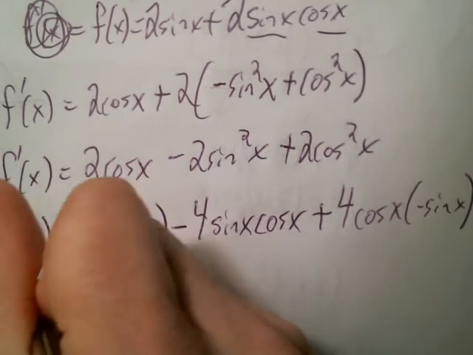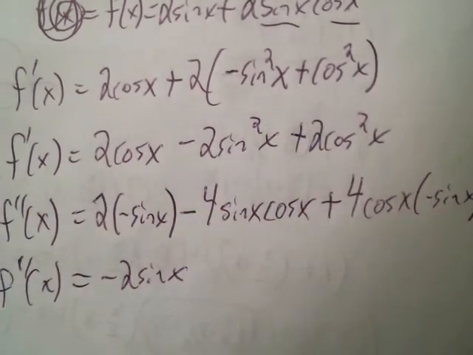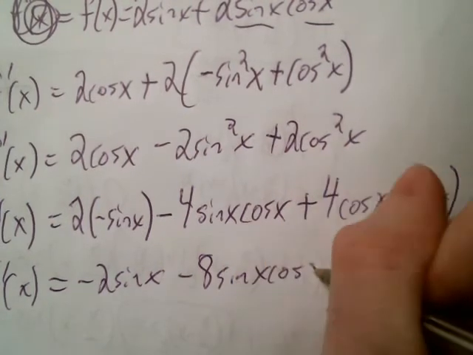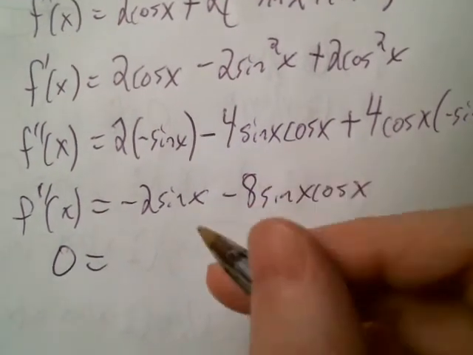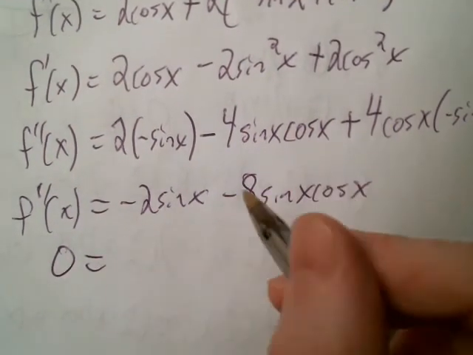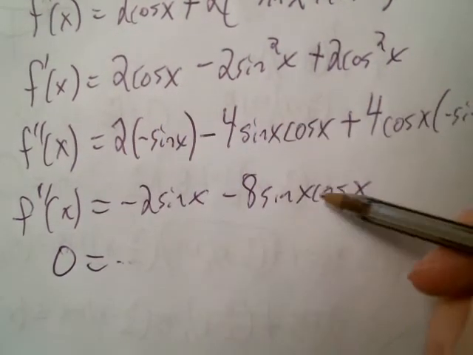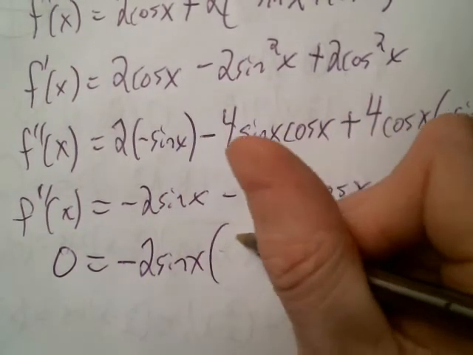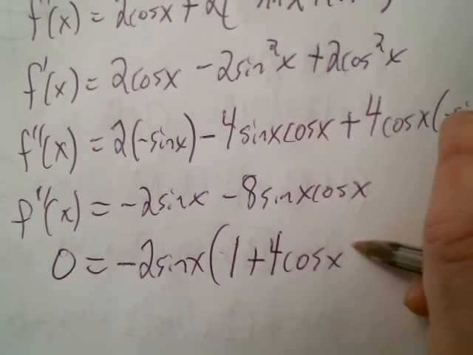And then f double prime of x must equal negative 2 sine x, and then there's negative 4 of those, negative 4 of those, so that'd be negative 8 minus 8 sine x cosine x. And that doesn't work out too bad. So I set it equal to 0. There's no undefined places because this is just a composite of a bunch of trig functions. So you can factor out a sine, so negative 2 sine x, and then we get, what is it, 1 plus 4 cosine x.